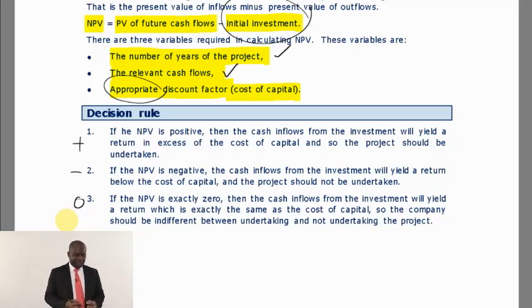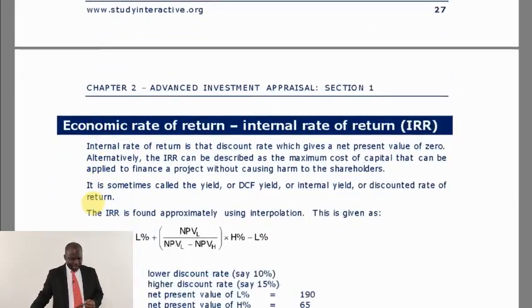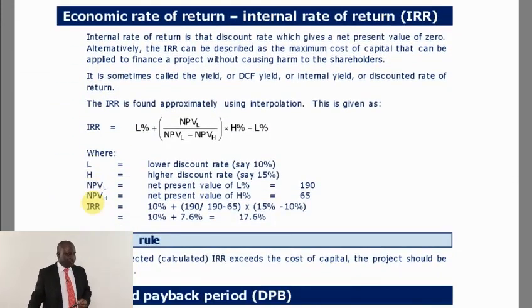If the NPV is negative, then of course it's loss making and the project should be rejected. If the NPV is 0, then the project breaks even. So this is the background of the NPV. We're going to take a bigger question to calculate NPV.